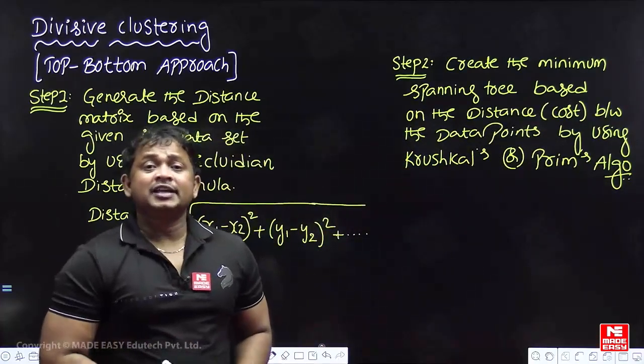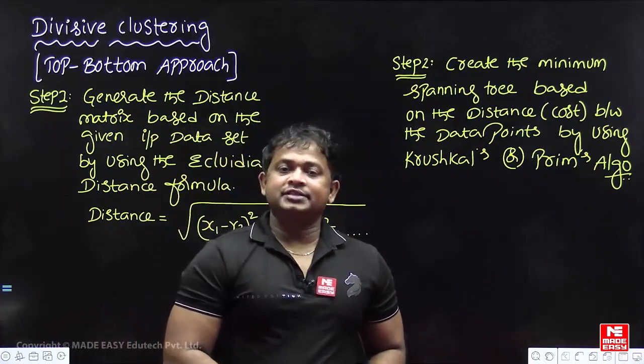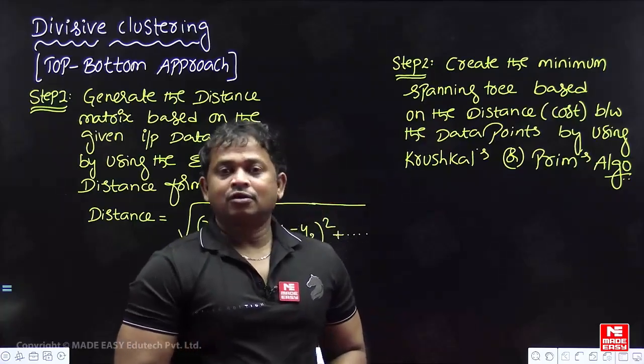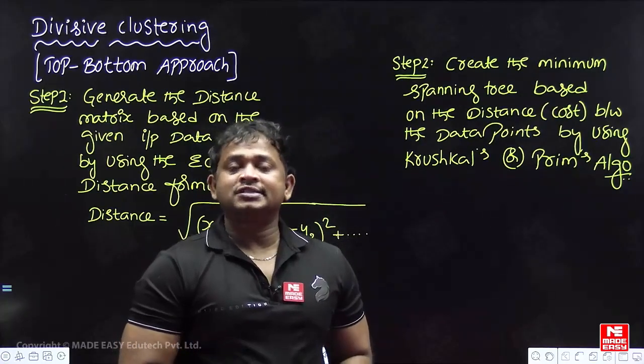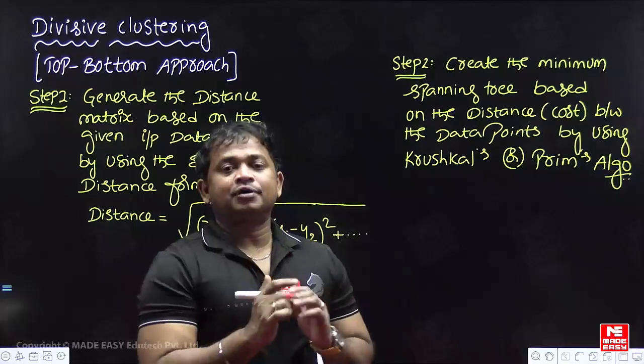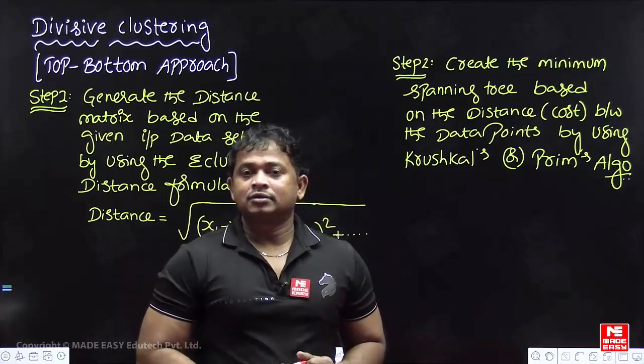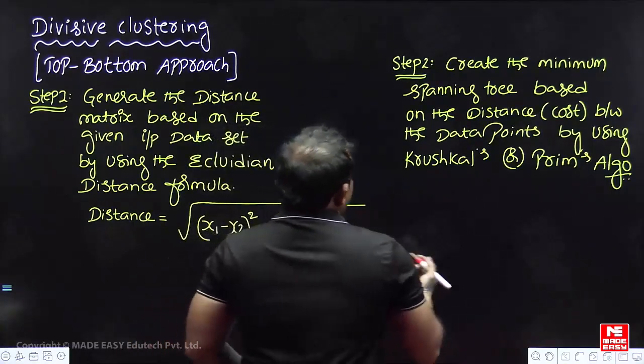That means arrange the total edges based on the cost. That means based on the distance, arrange the total number of edges. Correct?